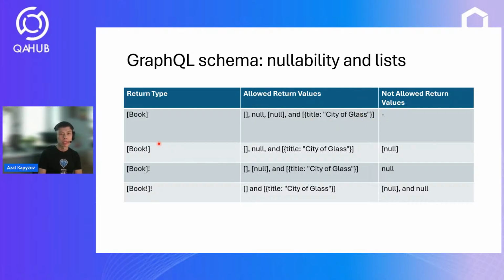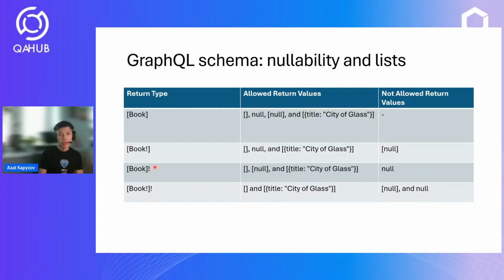But if we set this exclamation mark inside our square brackets near book, then it's not allowed to contain a null item inside the list. So allowed return values are an empty list, null, and of course some object in the list. But the response cannot contain null inside the list.